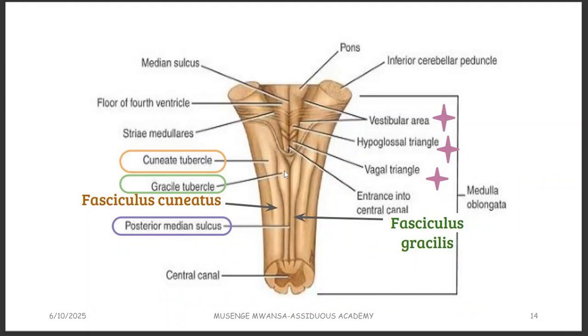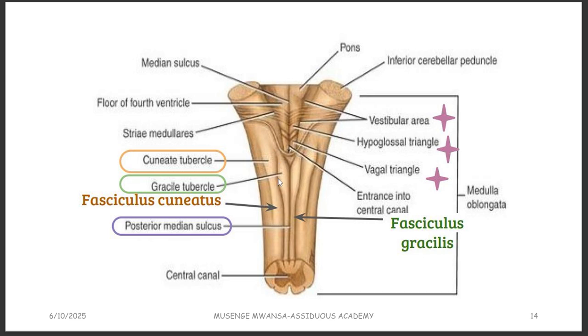So this tubercle, this is where the gracile nucleus is, even this one. But continuing down here, you are going to have the fibers which we call the gracile fasciculus and cuneate fasciculus. Hope we understand that.